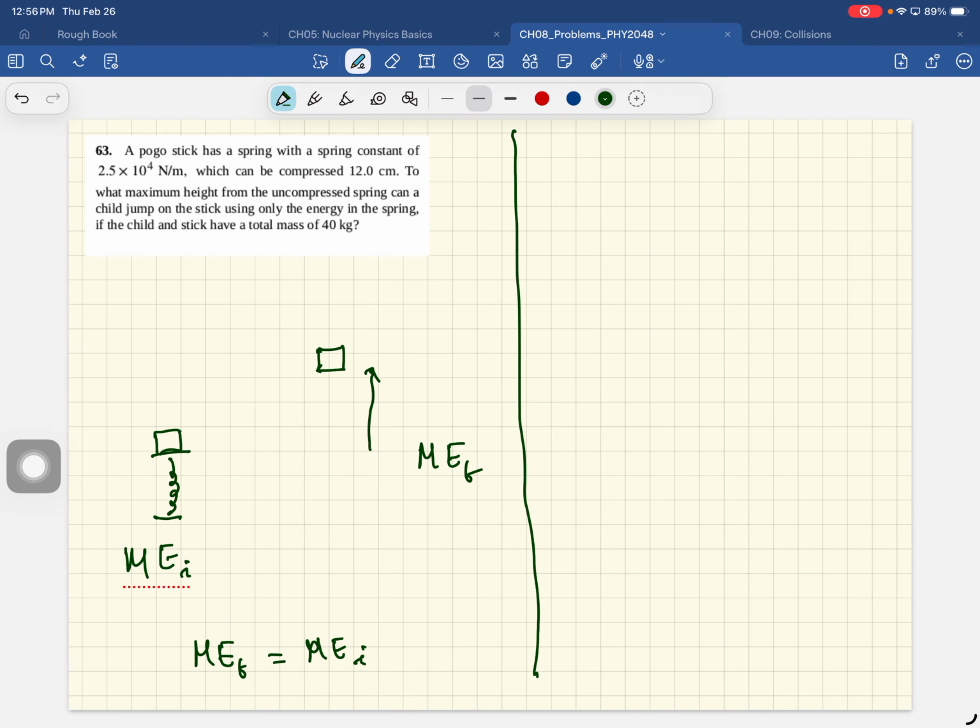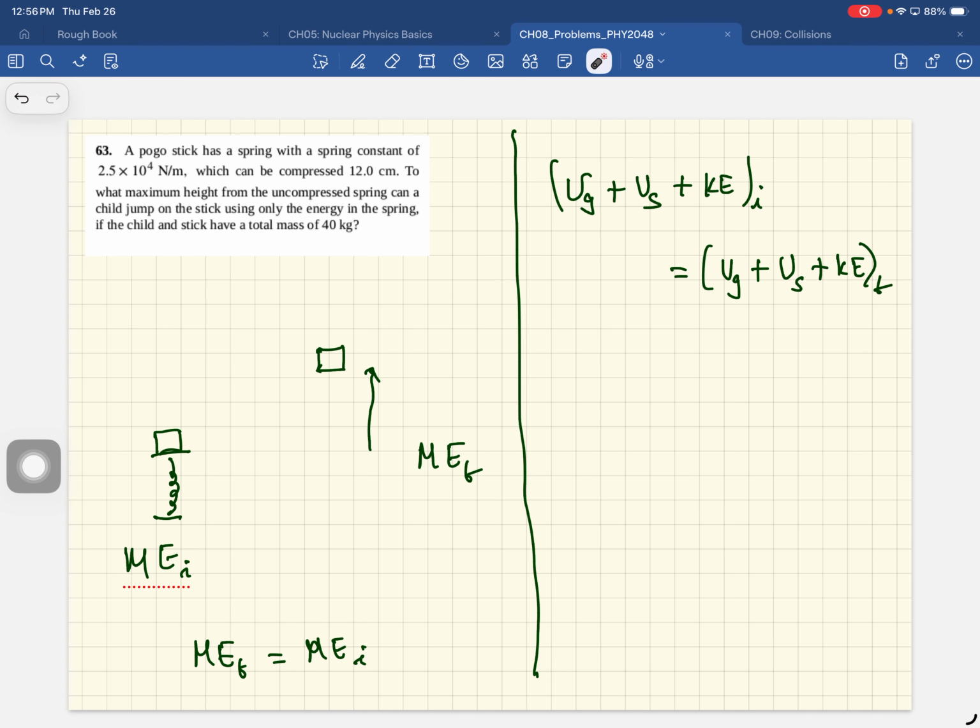Okay, so in the initial state, there's gravitational potential energy plus spring potential energy plus kinetic energy, and that's equal to gravitational potential energy, spring potential energy plus kinetic energy in the final state. This guy is at rest in the initial condition, and when you're at the peak, you're at rest.